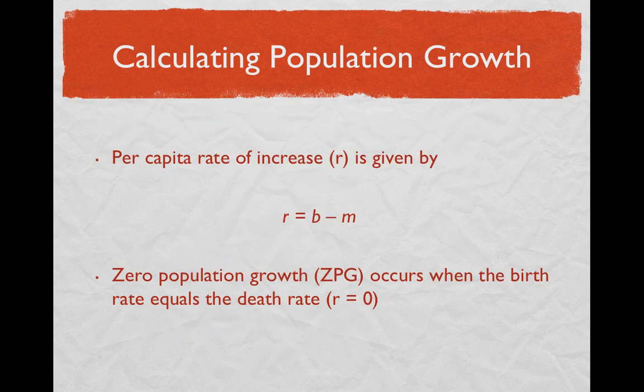And so all of this ends up giving us this per capita rate of increase. And if you get what they call zero population growth, then you're getting the same per capita number of births as your death rate. So your r ends up equaling 0. So there's no population growth at all. When you start to see those numbers shift away from 0, whether positive or negative, then we can start looking at how populations are growing.